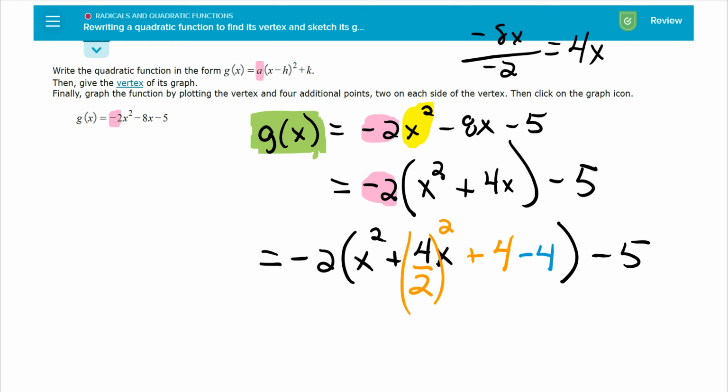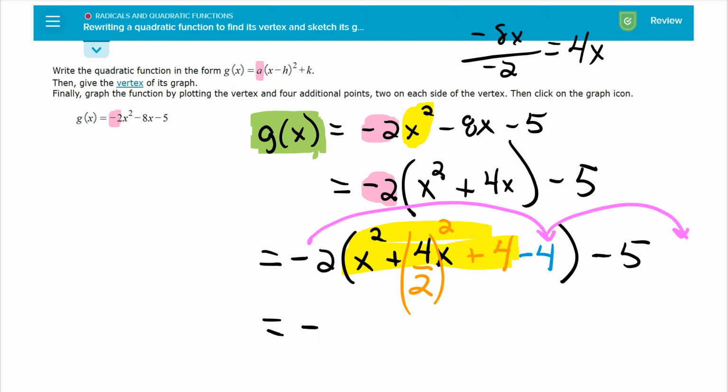Okay? However, that blue -4 messes up my perfect square trinomial. This is my perfect square trinomial right here, this x squared plus 4x plus 4. I am going to have to distribute out that -4. I'm going to have to take the -2, distribute it to the -4, and knock it out of the parentheses.